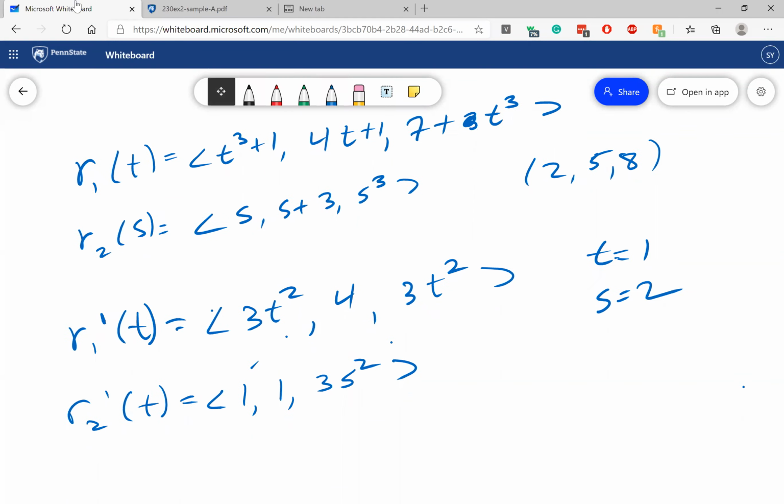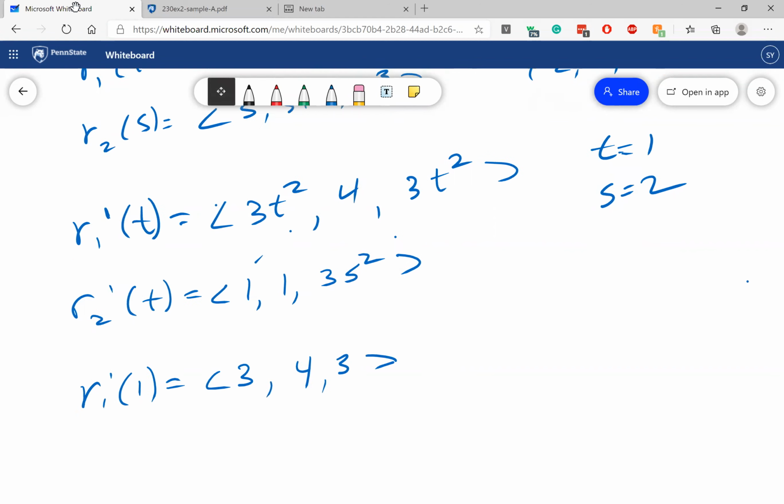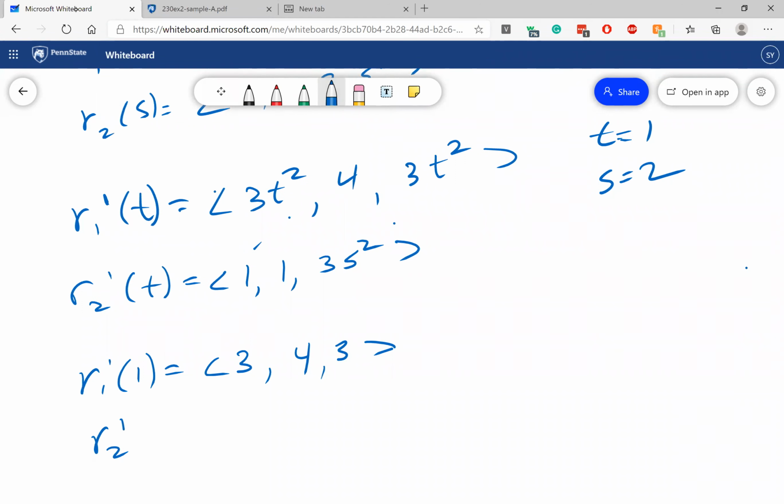That tells us that r1 prime of 1 is equal to (3, 4, 3), and r2 prime of 2 is equal to (1, 1, 12).